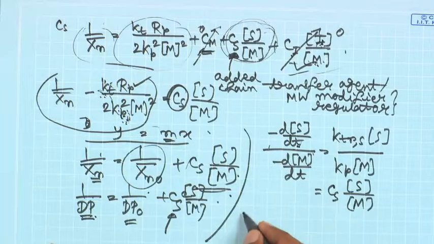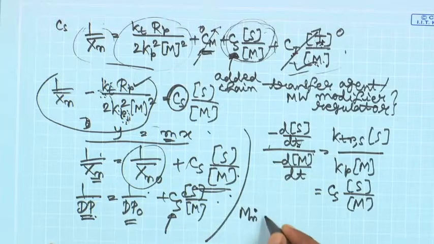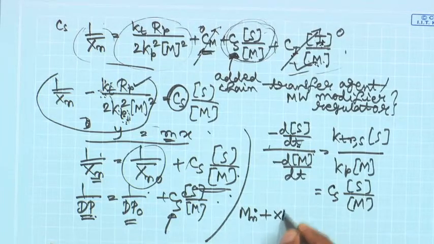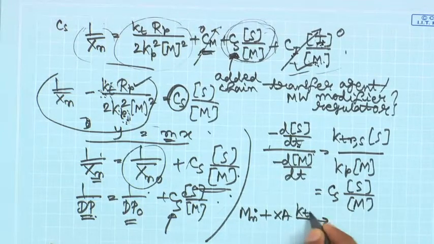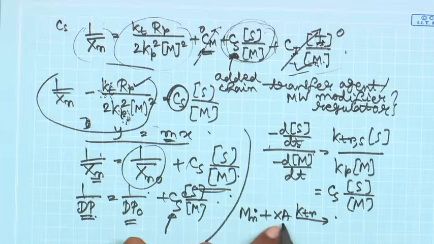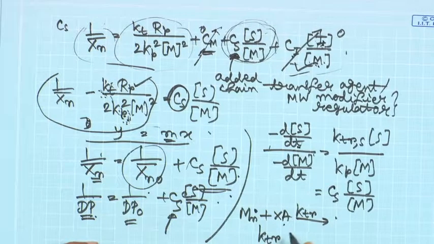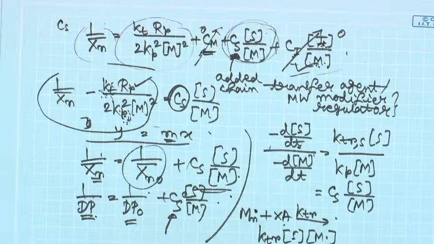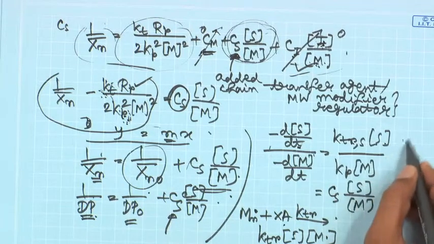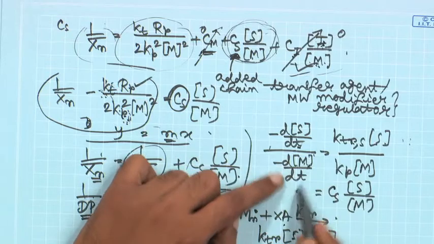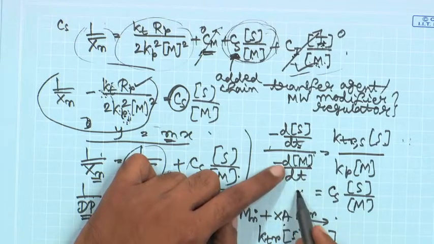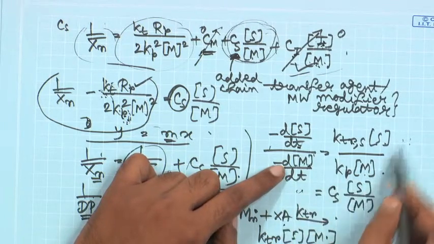And if you look at this particular thing here, the chain transfer reaction, K transfer, so the rate of disappearance of XA is nothing but K transfer into S into m dot, and the rate of disappearance of the monomer is nothing but Rp, which equals Kp into m dot. The m dot gets cancelled.